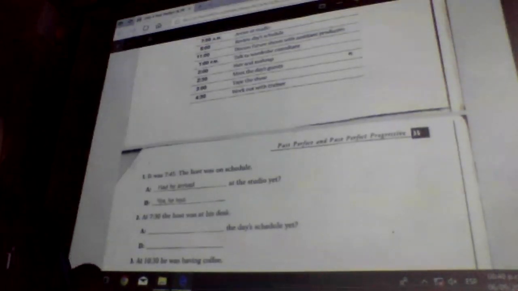So what will be the next question? Reviews day schedule. Type the answer, and I'll check it soon. And then we'll continue. So it will be the day schedule at 7:30. Anyone with the question and the answer, please?